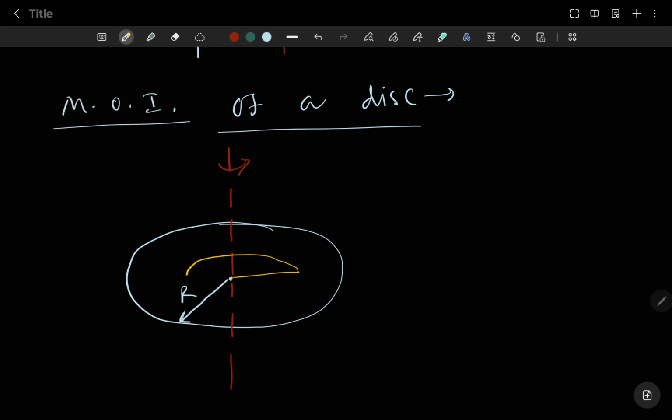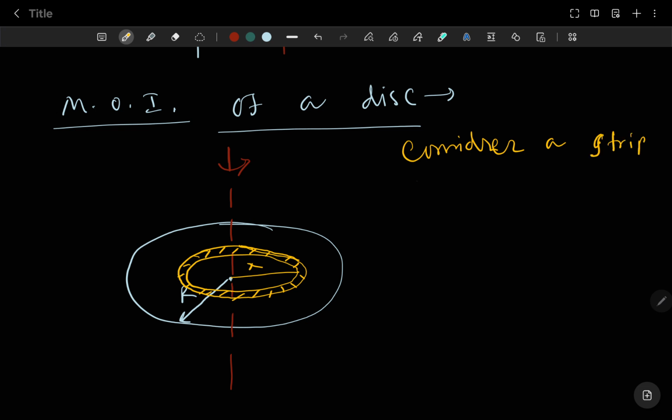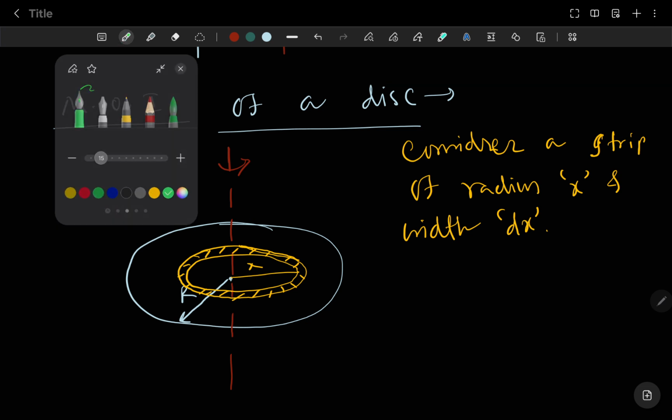a strip of radius x and width dx. Okay, so this much is dx.